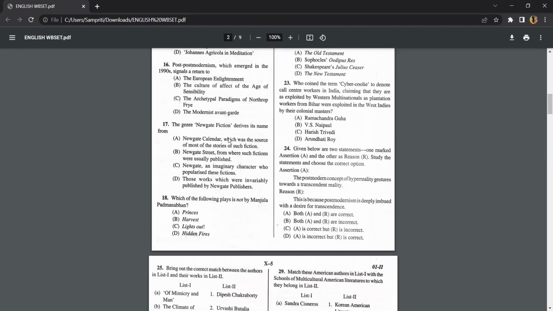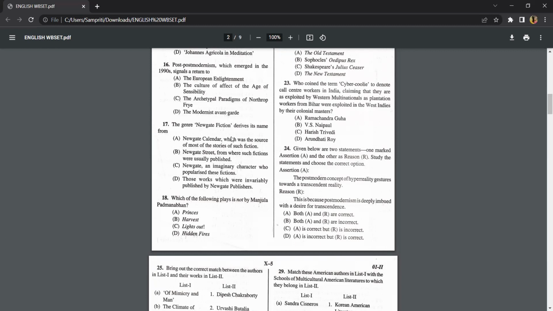Question number 17. The genre Newgate fiction derives its name from... Do you know what a Newgate fiction is? Newgate novels, also called Old Bailey novels. They were novels written and published in England in the mid 1800s, like the 1820s, 1830s, up to the 1840s.